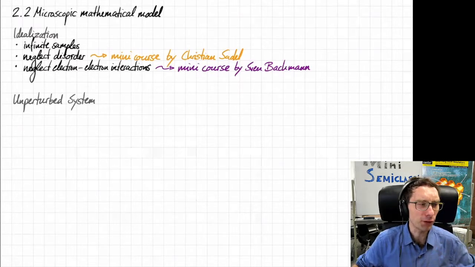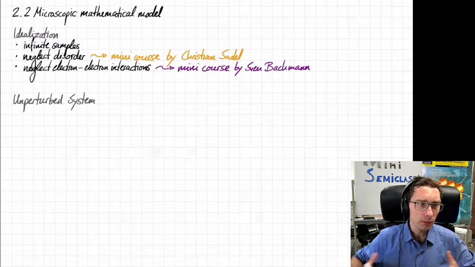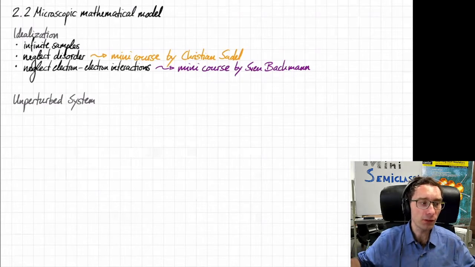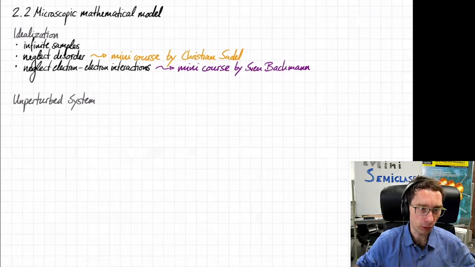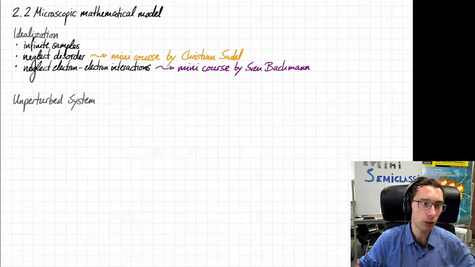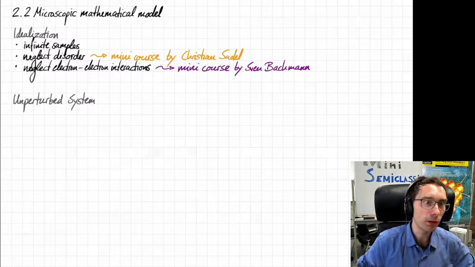While at first sight you could think this is a big complication, using an infinite sample size allows us to use the discrete Fourier transform. If the sample were finite, you did not have periodicity, and then you would have a much messier description. But here you can really use this as a simplification.